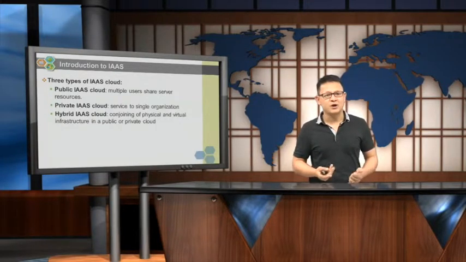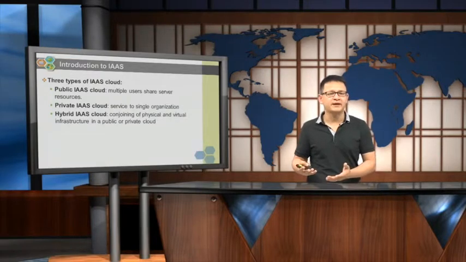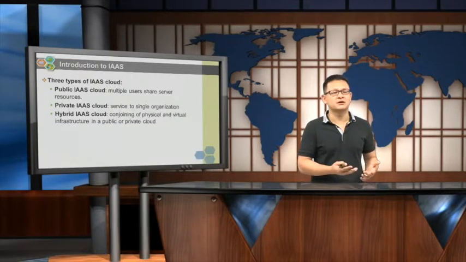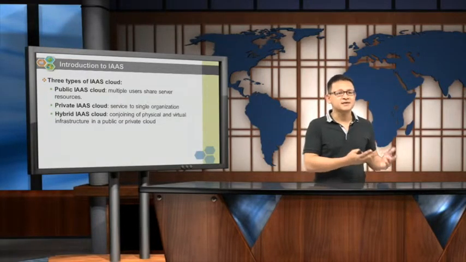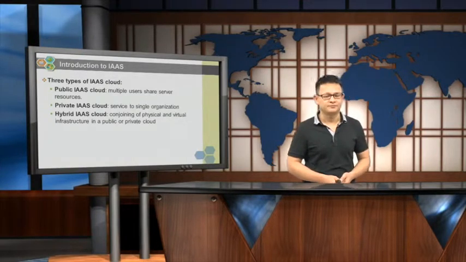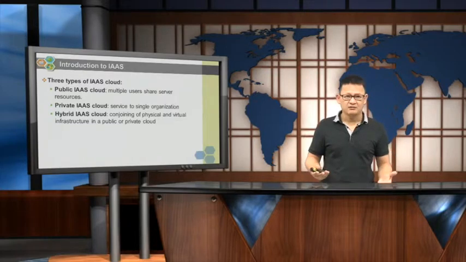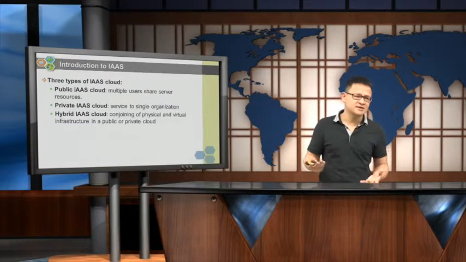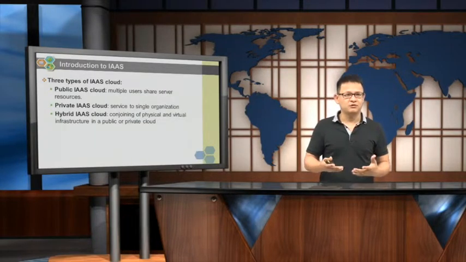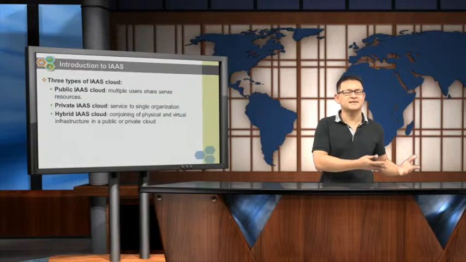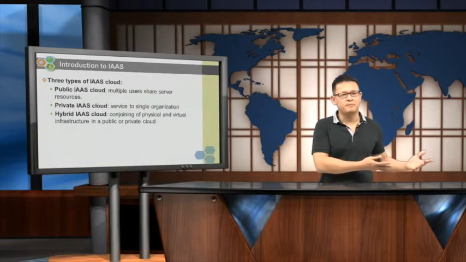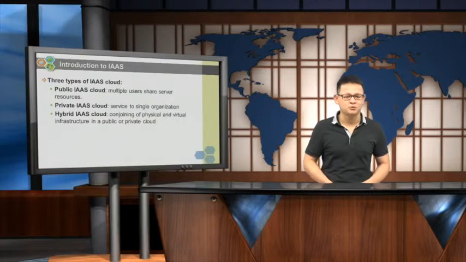So in this case, you have both the private and the public, and of course, you have both the advantages and disadvantages of public and private cloud. For the private, you have the privacy, you can set up the security mechanism for yourself, but for the less important part, you can use the public cloud, so that you can reduce the cost that you have to pay.